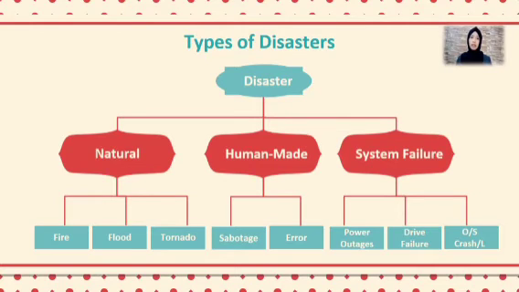Whereas human-made disasters such as sabotage or errors can be just as destructive to an individual organization but tend to be limited in their scope of impact. System failures such as power outage or a hard drive failure are generally less severe but are the most likely to occur.